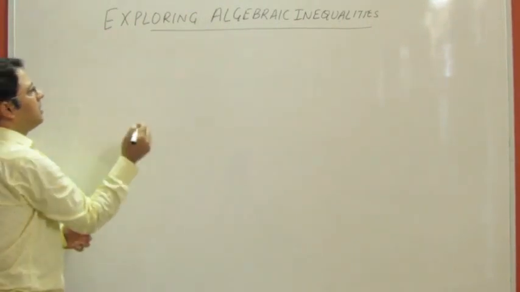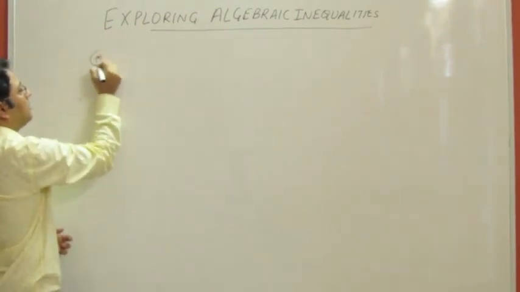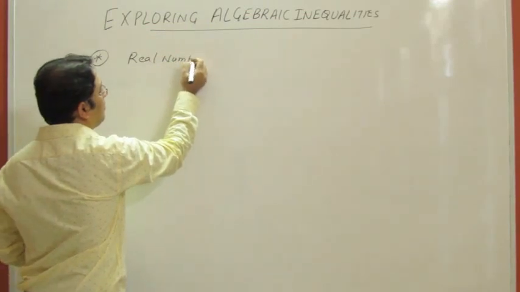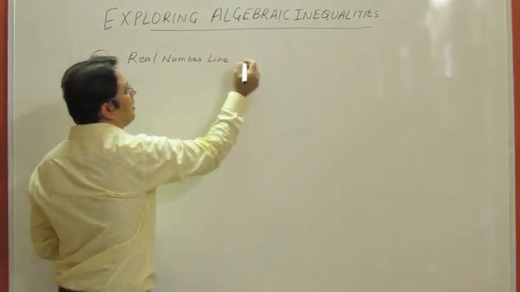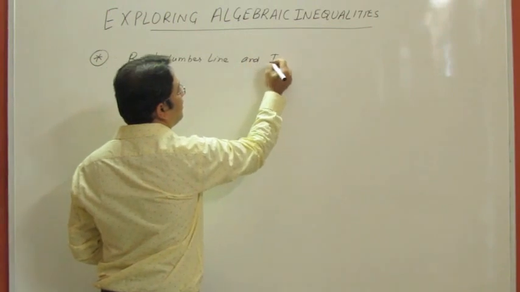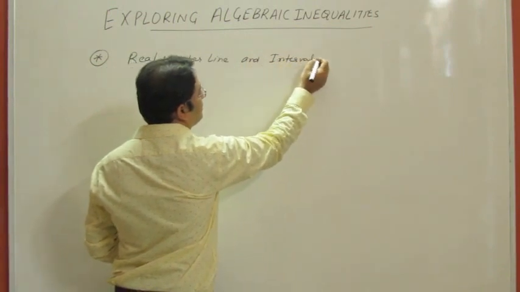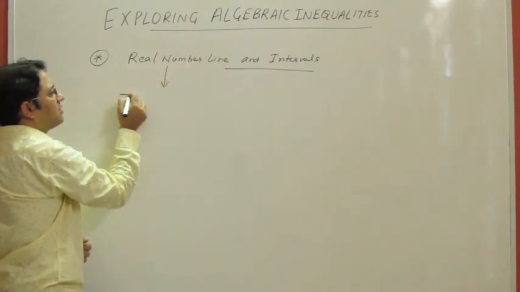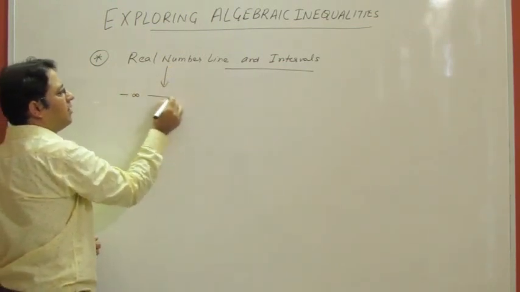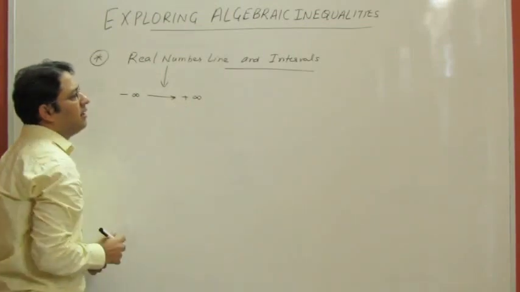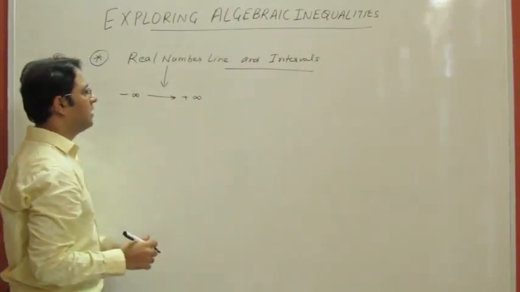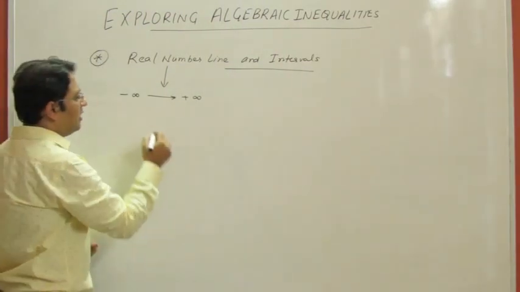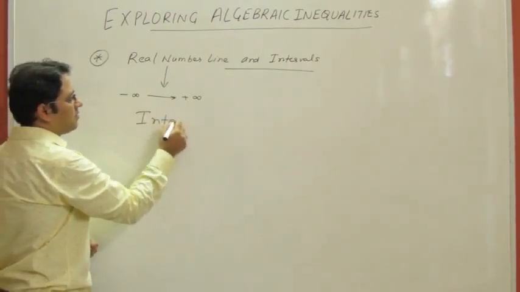That is, we must understand the real number line and intervals. The real number line, we already know, starts from minus infinity and goes till plus infinity, and we can study about intervals related to the real number line. So intervals are of four types.